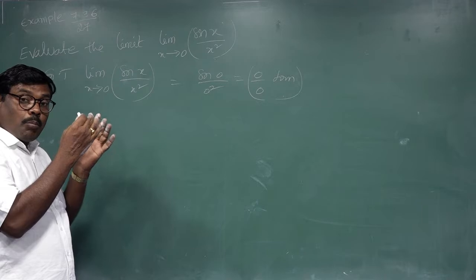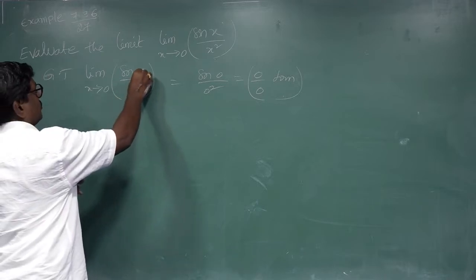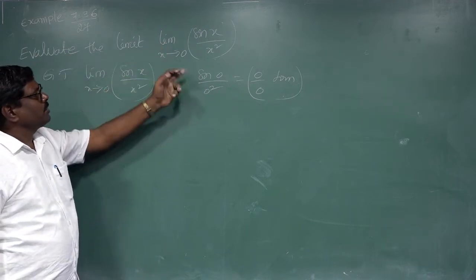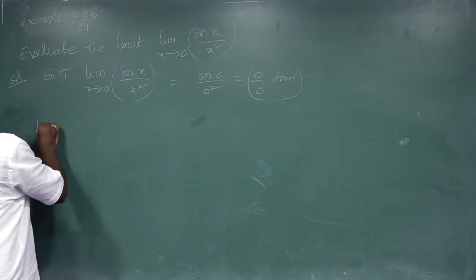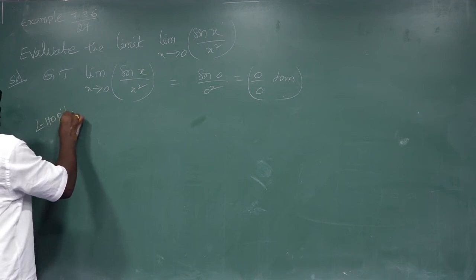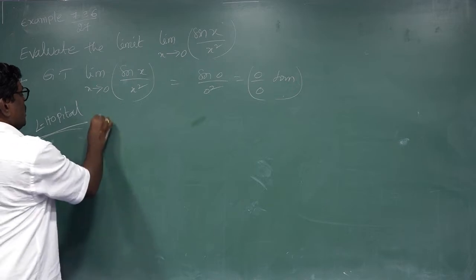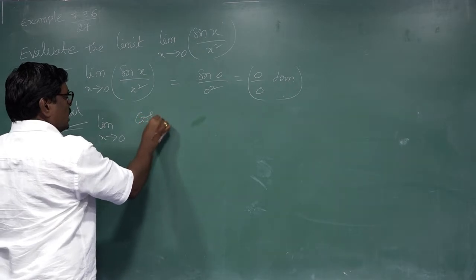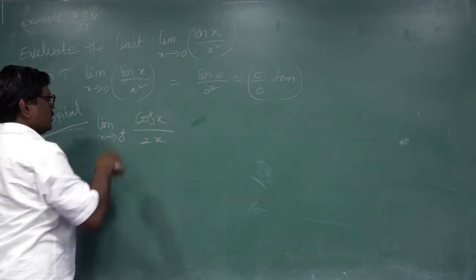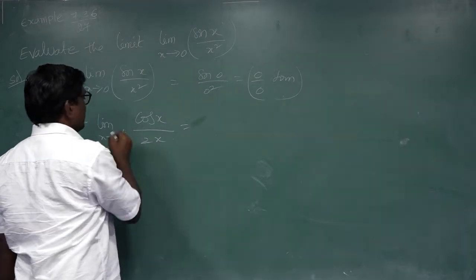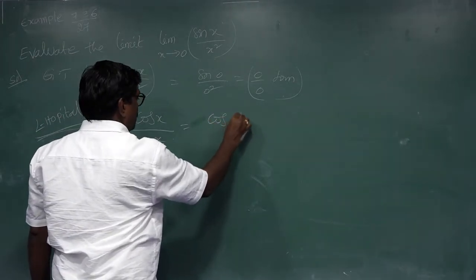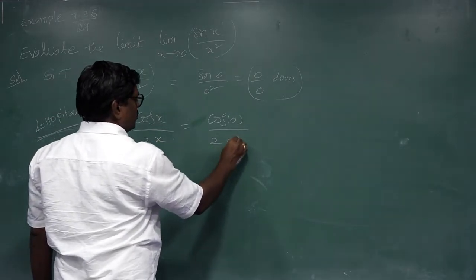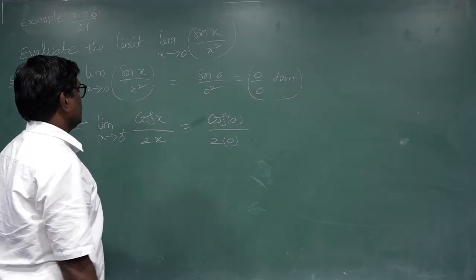Here we apply L'Hospital rule. Limit x tends to 0, derivative of sin x is cos x, by derivative of x square which is 2x. That gives cos 0 by 2 into 0.